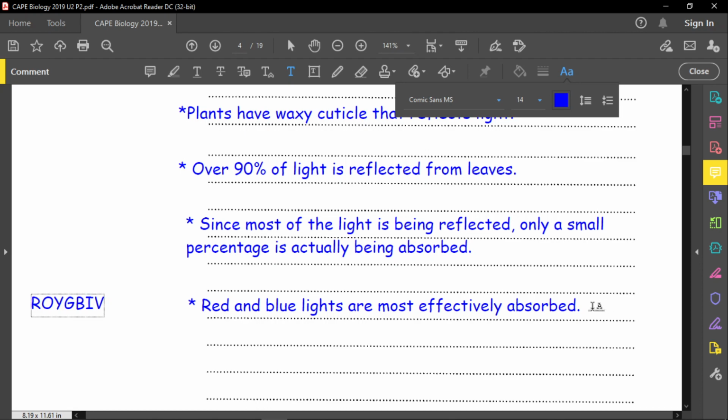And it depends on the wavelength of these different colors of light, which makes the difference in terms of absorption rate.